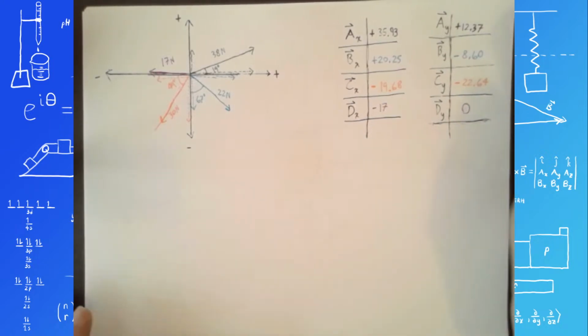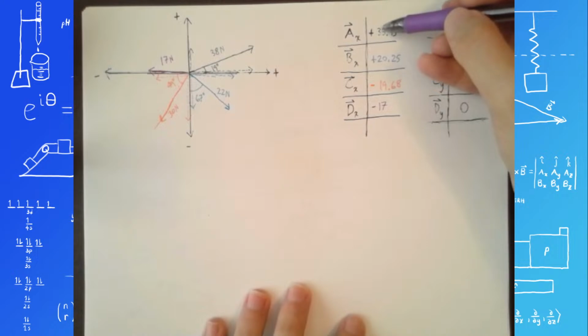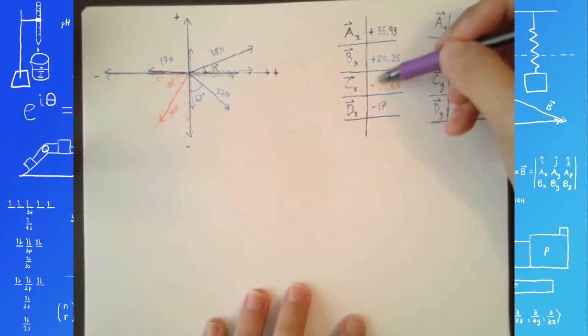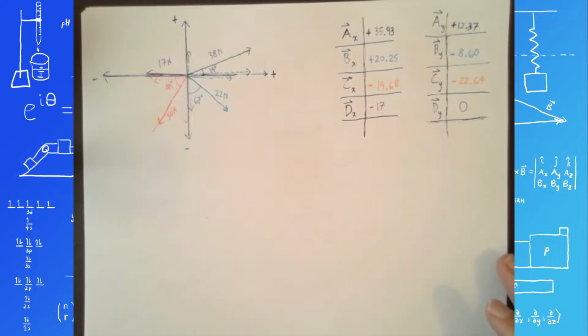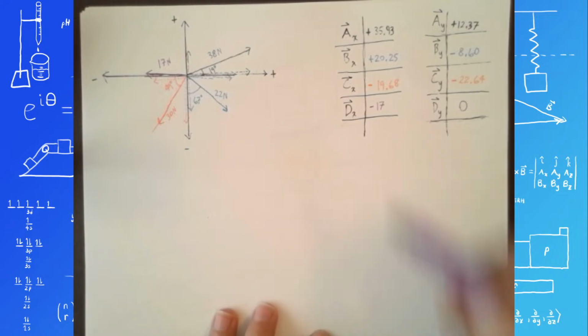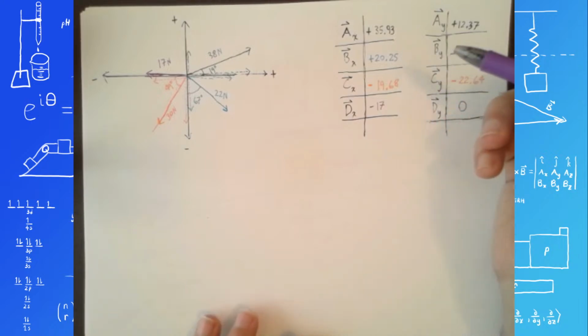It's 0. Okay, so if you are assigning positives and negatives as you went along, then all you have to do is just directly add these, because the ones that need to be subtracted already have a negative on them. If you did not do that, then you would look at these numbers and one by one decide, what do I add, what do I subtract based on which direction they're pointing.